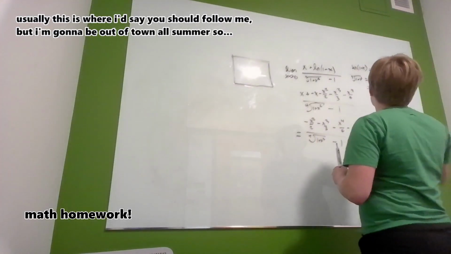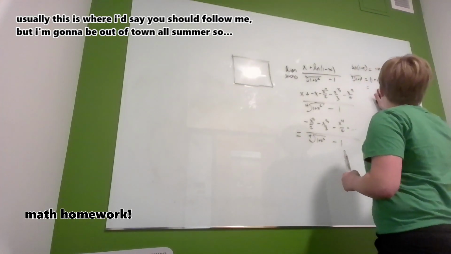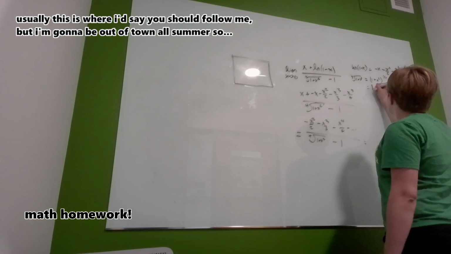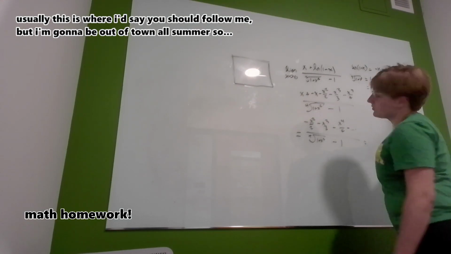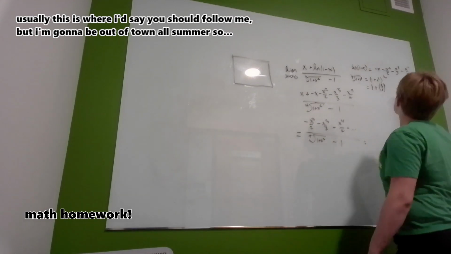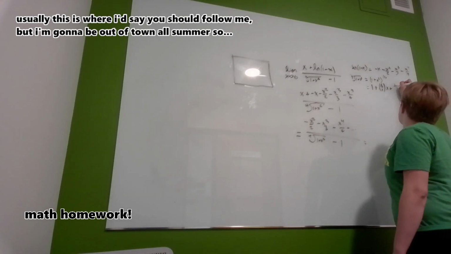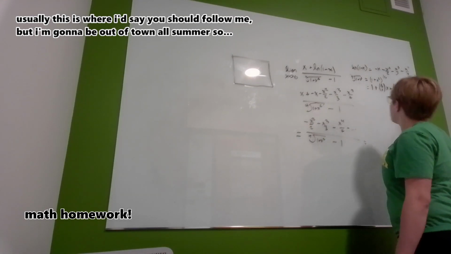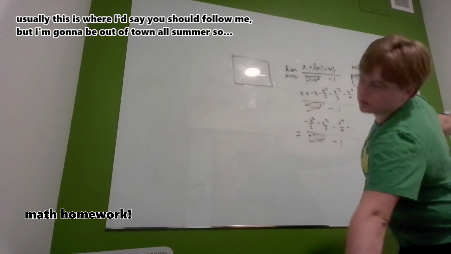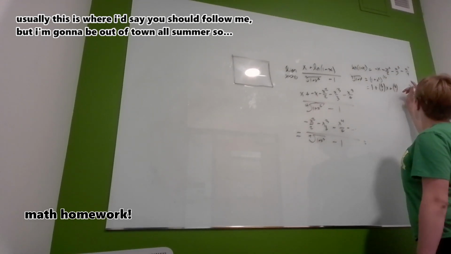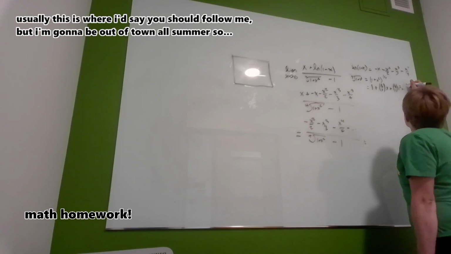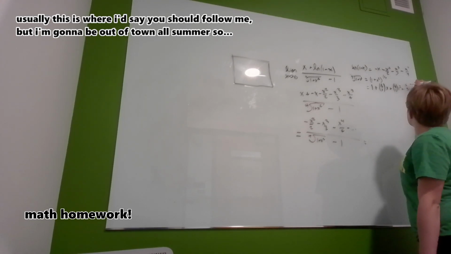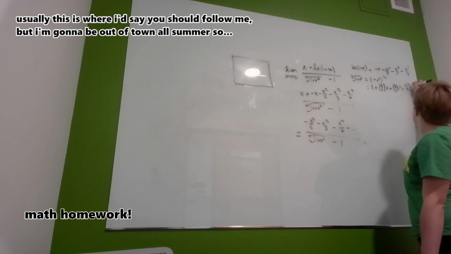So we get 1 plus 1/4 choose 1 x, plus 1/4 choose 2 x squared, plus 1/4 choose 3 x cubed.